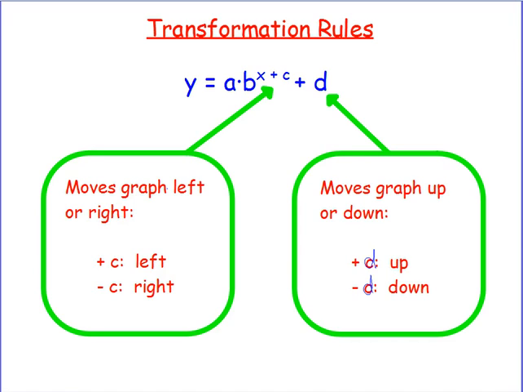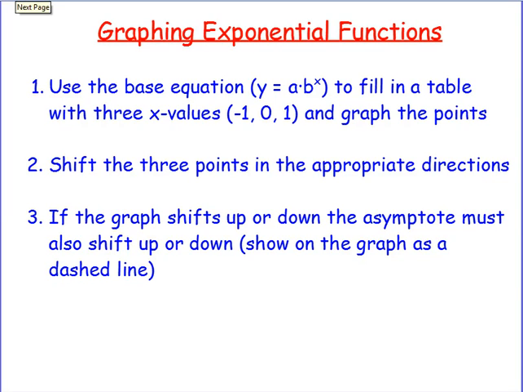So we're going to look at a 3-step process that you're going to go through in order to graph these. When you are graphing these exponential functions, you're going to be making a table. So you're going to use what I refer to as the base equation. The base equation looks like this.